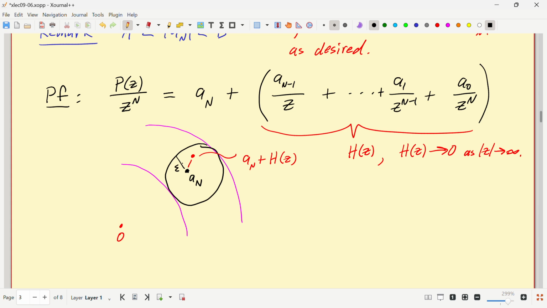The b is going to be this radius, and the a is going to be this radius. So in fact, mod b would be equal to mod an plus epsilon, and a would be equal to mod an minus epsilon.